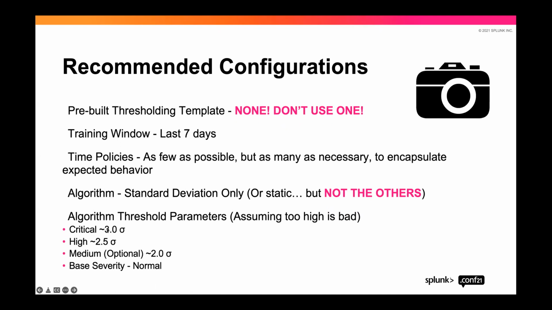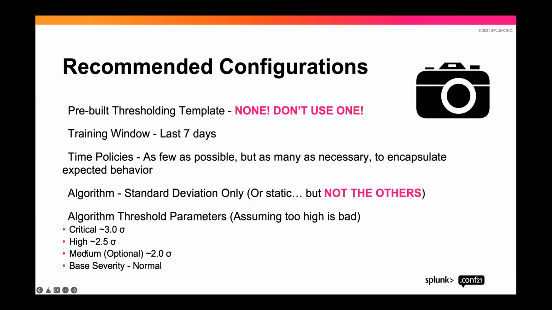You're not saying that the number 3 is your threshold. What you're saying is that you want it as critical if the KPI value is 3 or more deviations from the mean. So basically it's 3 standard deviations from the mean that would be considered a critical KPI.